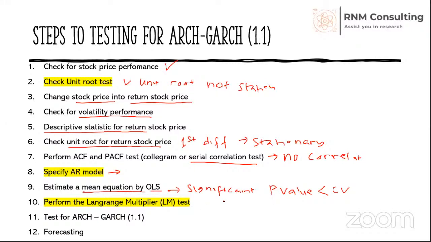If you are doing research, perform the Lagrange multiplier LM test to check for heteroskedasticity. Heteroskedasticity should be present for ARCH and GARCH models because you have to measure the volatility. Then we test for ARCH and GARCH, and we do forecasting.